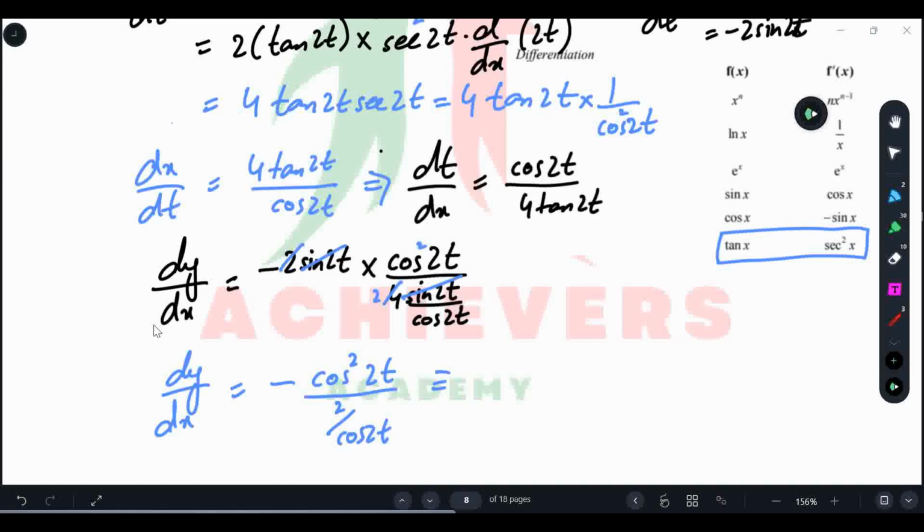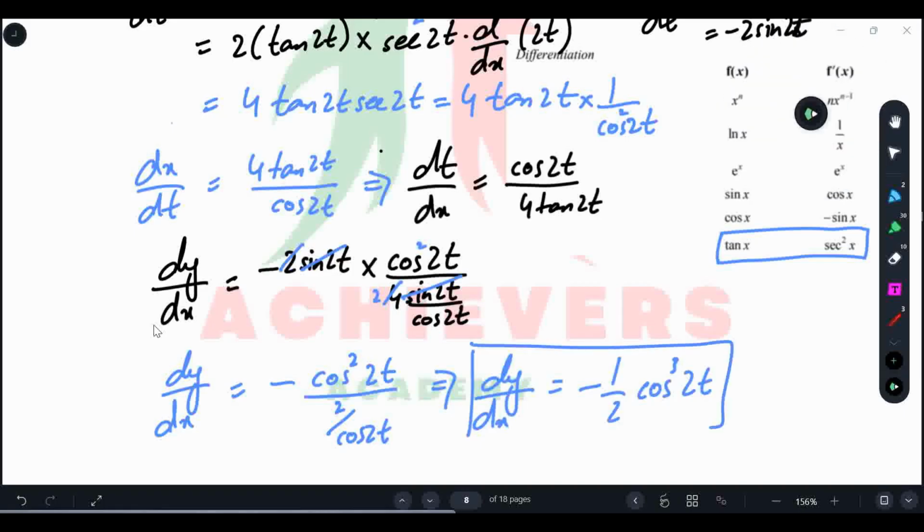Now if we shift it to the upward side, dy by dx will be equal to minus 1 by 2 cos cubed of 2t. This will be the final answer from my side.